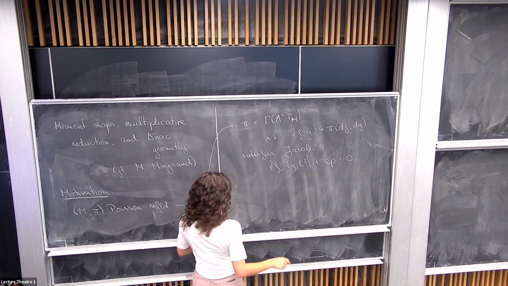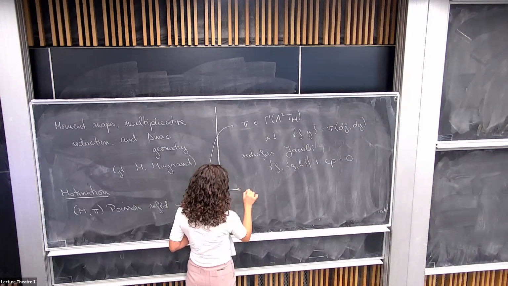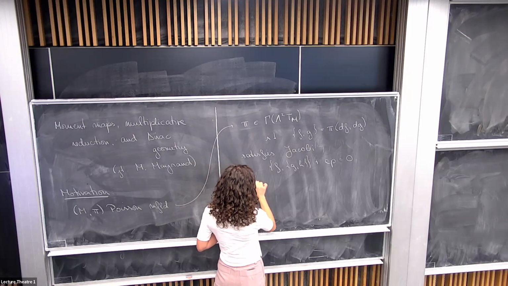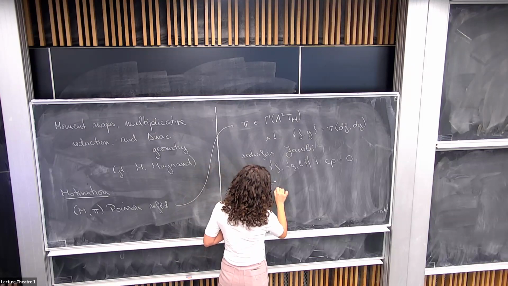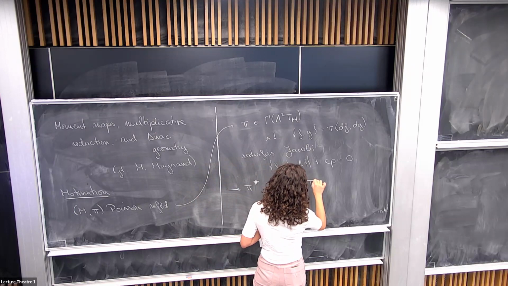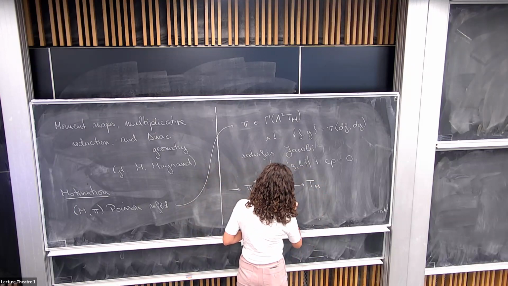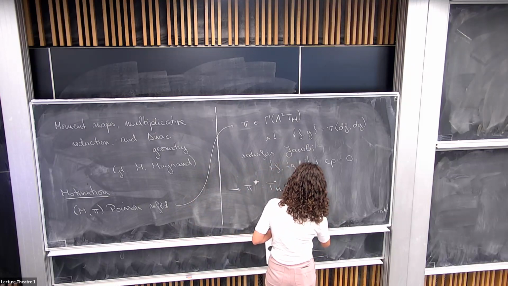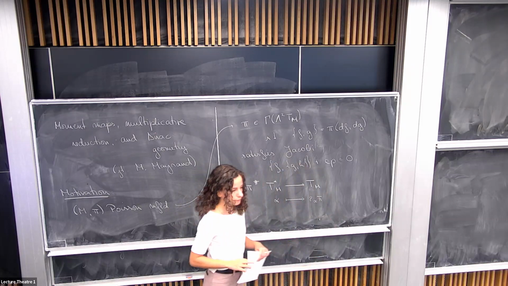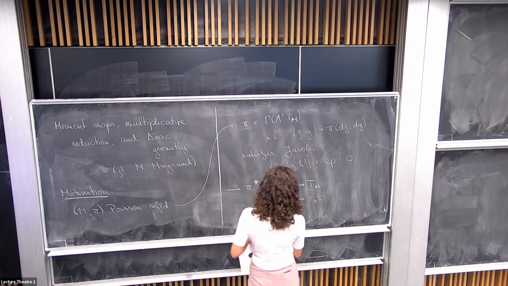And whenever I have such a manifold, this bivector pi induces for me a map from the cotangent bundle of M to the tangent bundle of M that just takes a one form and contracts pi with it. So I get a vector field.